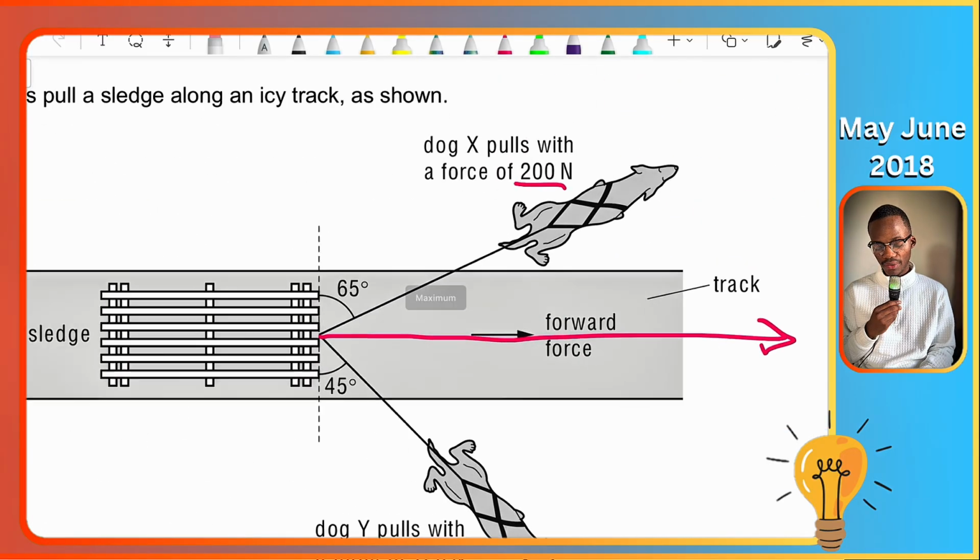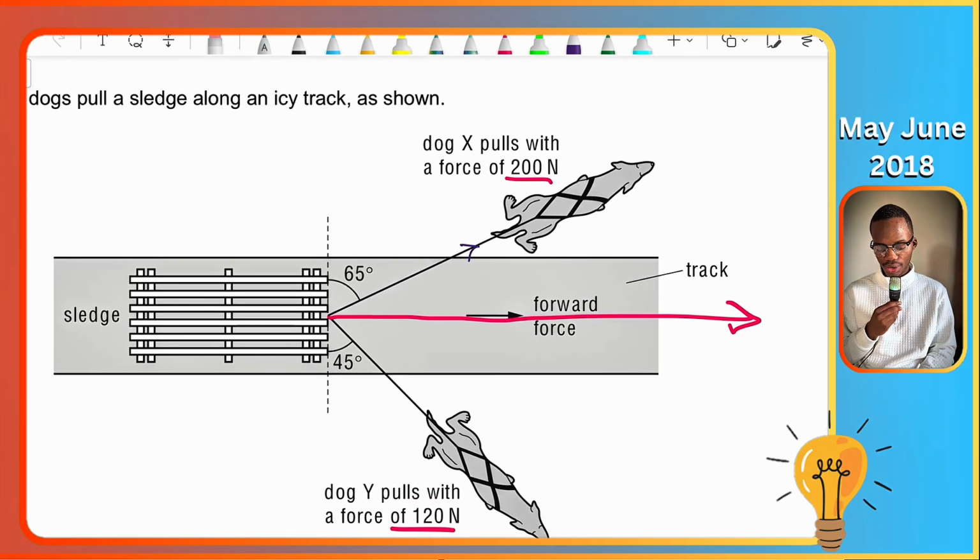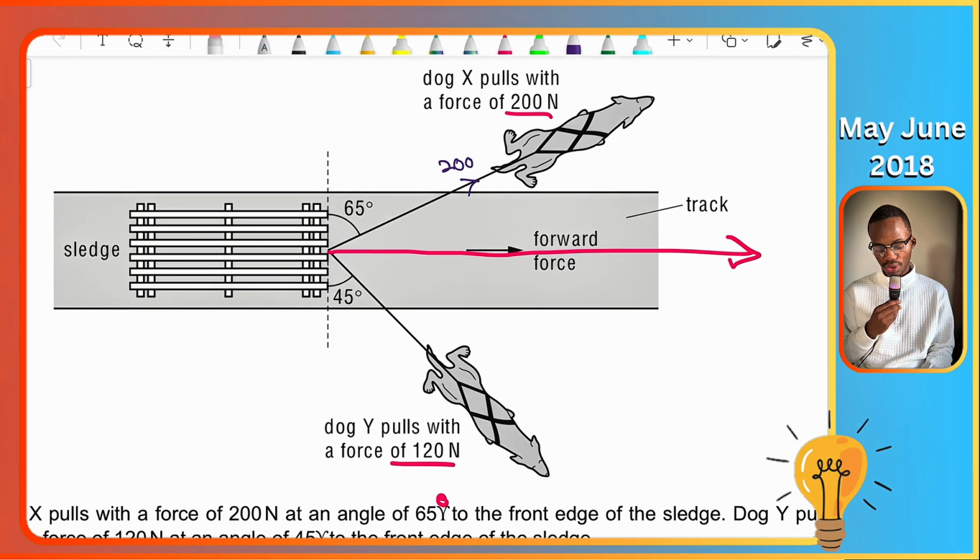Okay, if you look at this, we have 200 newtons acting in this direction. So that 200 is going to act as your hypotenuse. In this case, you have 120 acting in this direction, and that 120 is also going to act as your hypotenuse, which is very important for you to keep in mind.